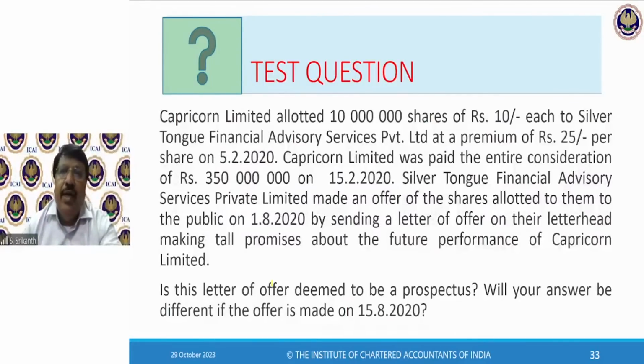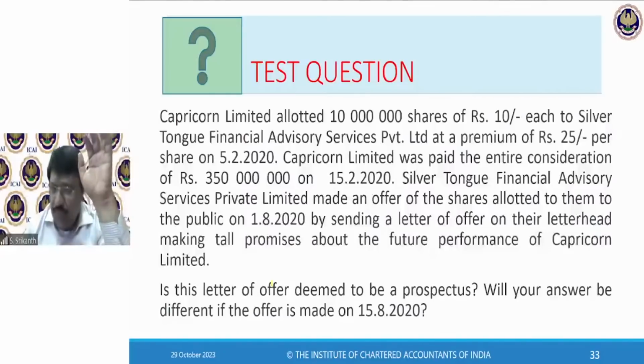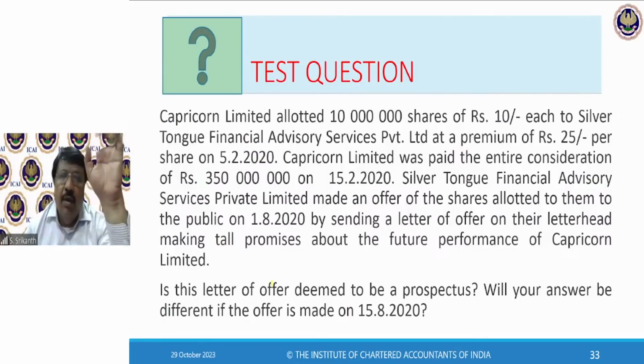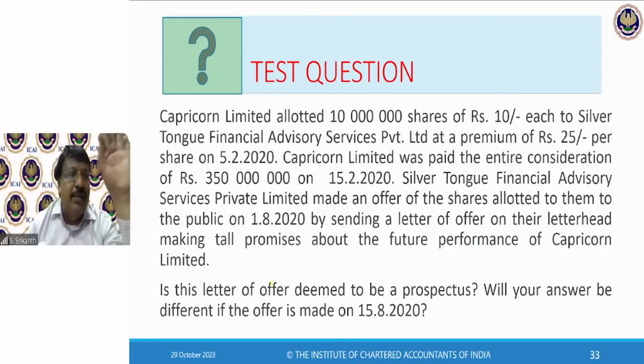Capricorn Limited allotted 10 million shares of rupees 10 each to Silverton Financial Advisory Services Private Limited at a premium of 25. So totally they have to receive 350 million. The allotment was done on 5/2/2020. Capricorn Limited was paid the entire consideration of 350 million on 15/2/2020. So within 10 days, the entire money was paid.